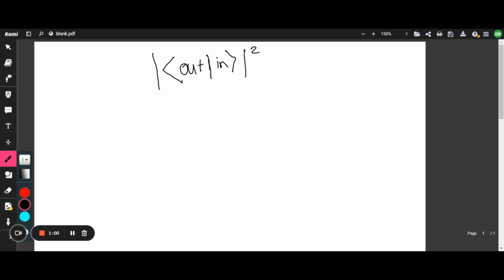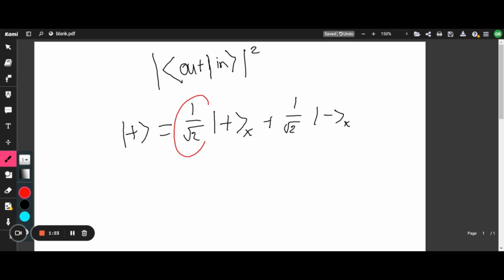So we can represent that as an equation. Spin up in the z direction can be rewritten as 1 over the square root of 2 spin up in the x direction plus 1 over the square root of 2 spin down in the x direction. So why these coefficients?